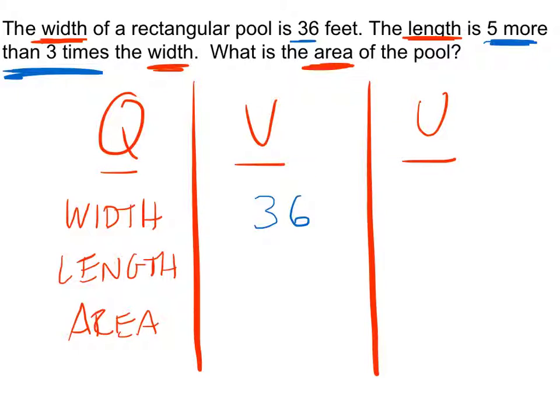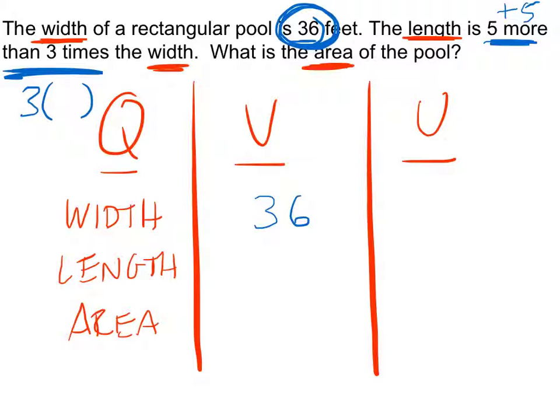5 more, in math language, means plus 5. 3 times means I'm going to multiply by something. It says 3 times the width, and I remember that my width is 36.